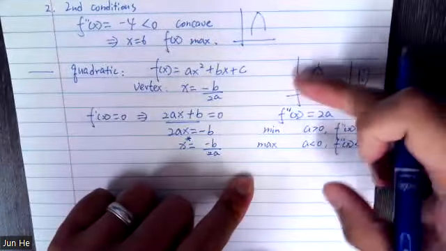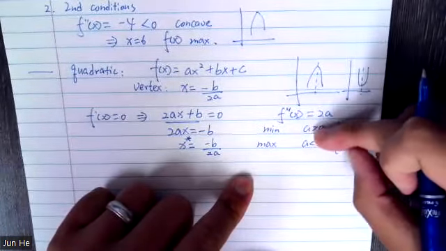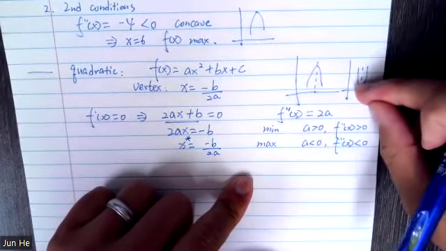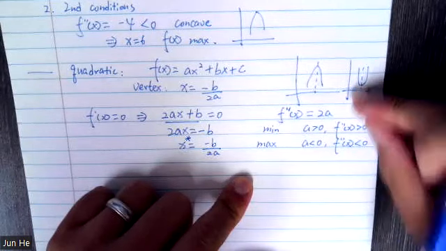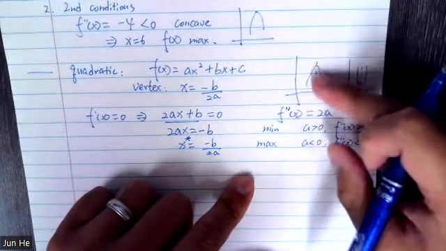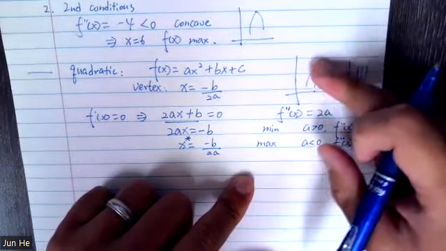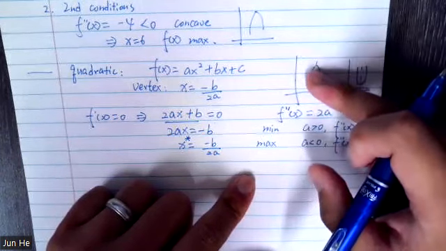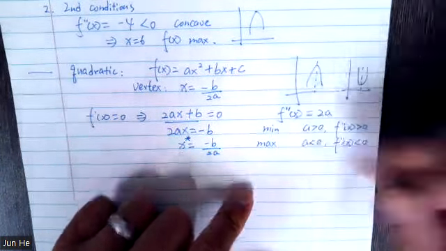That matches our graphic understanding: when a is greater than 0, it is opening upwards, so there is only a bottom. When a is smaller than 0, the function is opening downwards in this graph. Then we have a peak, which is the maximum.